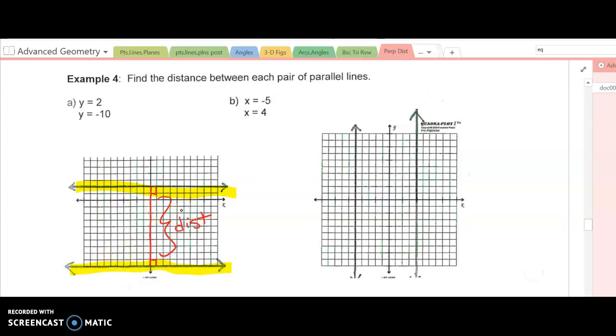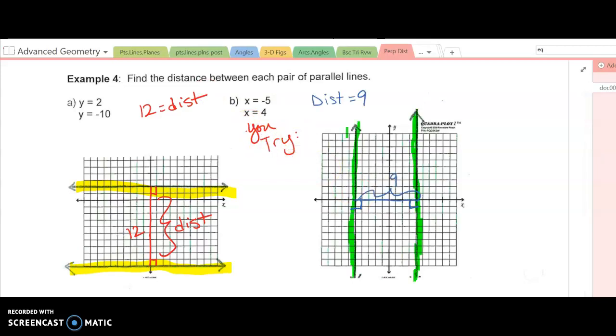And since this is vertical distance, we can just count squares. 1, 2, 3, 4, 5, 6, 7, 8, 9, 10, 11, 12 is what I'm getting. So I think you try part B if you want to pause the video and come back. So the distance between these two lines, if you count across the perpendicular line, I got that to be 9 here between these two vertical lines.